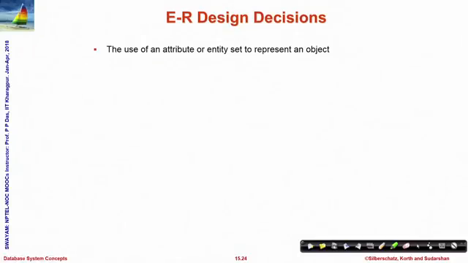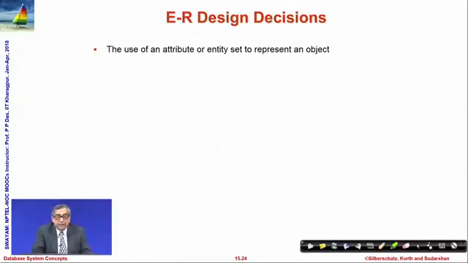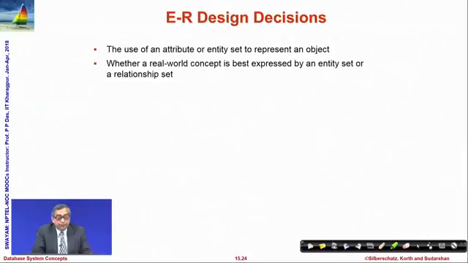So, if we summarize the discussions on the ER design decisions, the first decision that we need to take in case of design is the use of an attribute or entity set to represent the object. So, that is the first modeling: what is the concept, what are the attributes or the representing entity set for the object that we are trying to deal with, instructor, student, project and so on.